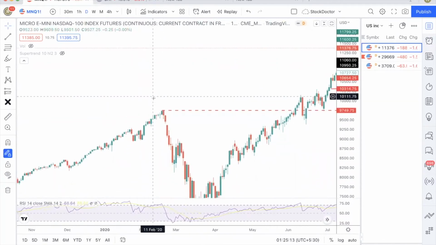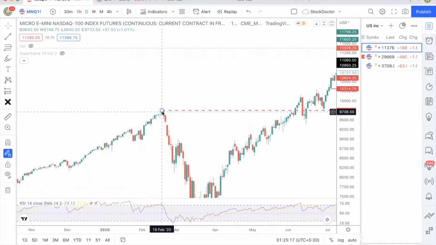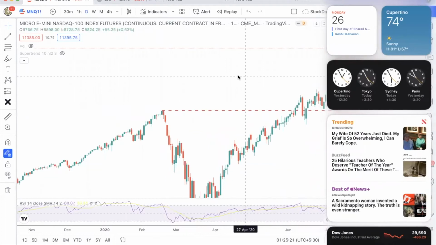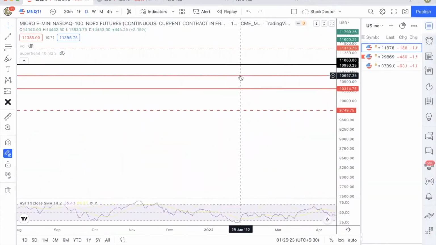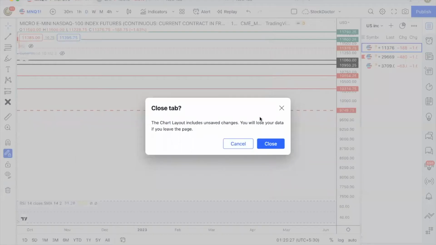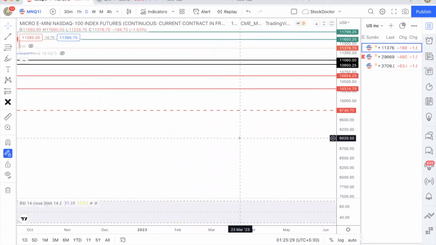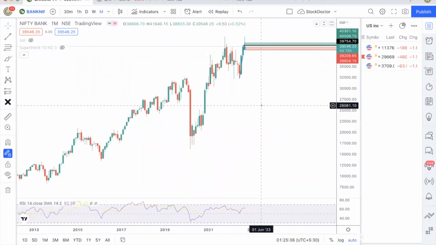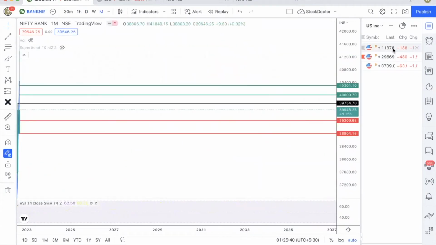You can see here, the pre-COVID high was on 19th Feb 2020, 9,750. So this is a very important level.